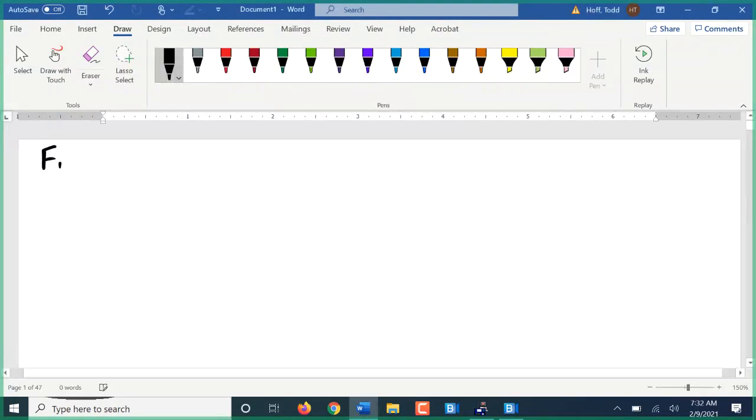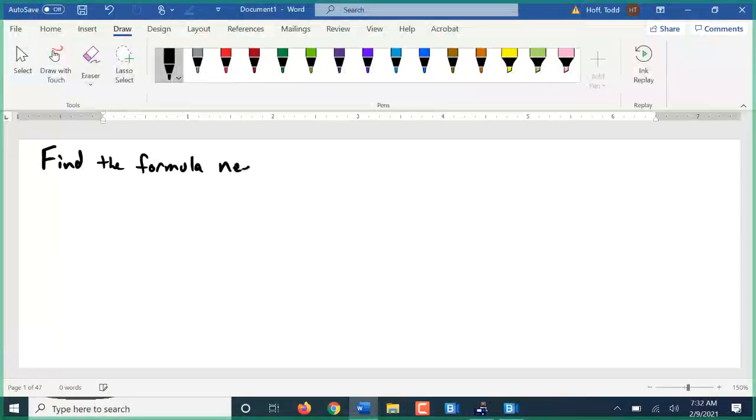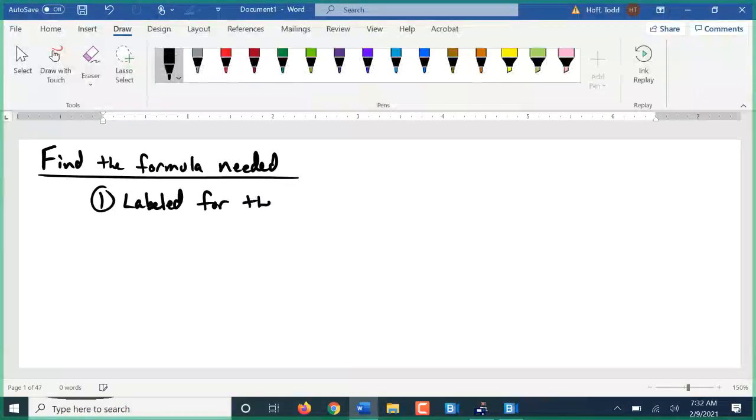To find the formula to use, first option and best option is just the formula that is labeled for the value we're trying to find. If we're looking for the addendum, you'll look at the formula that is defined for the addendum.